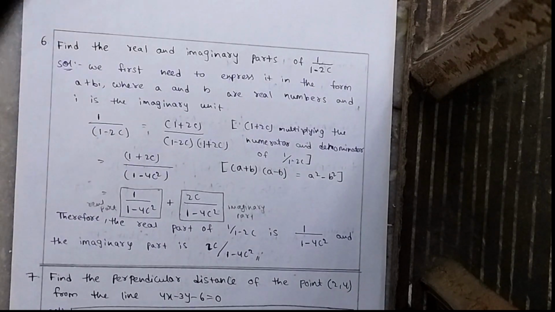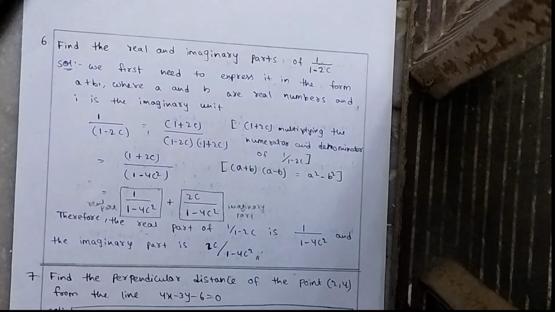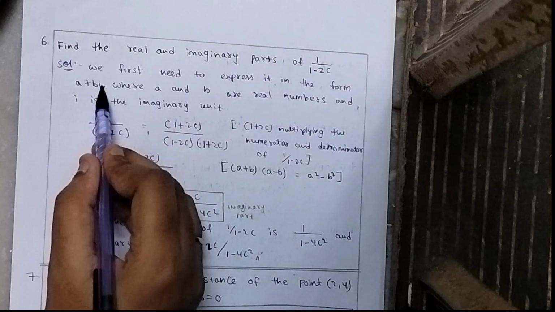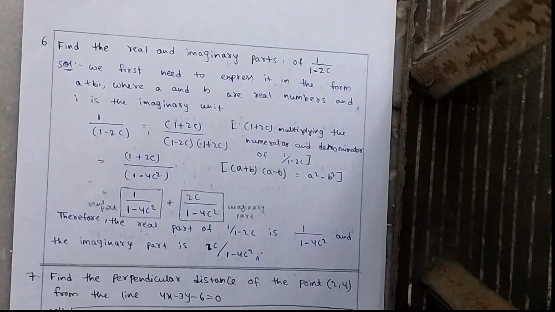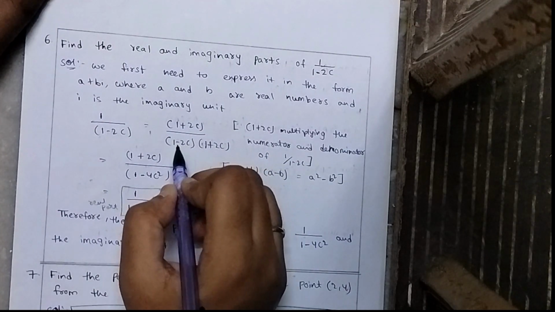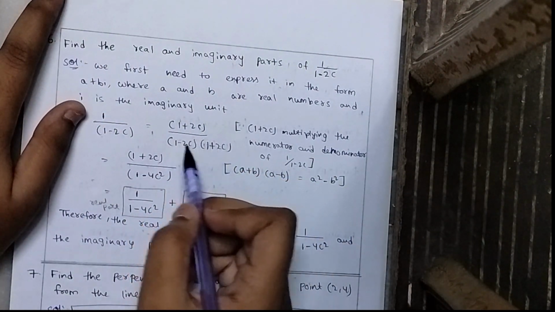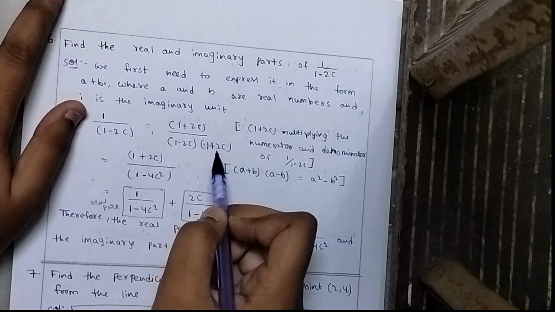Next one. Find the real and imaginary parts of 1 by (1 minus 2i). That means they are asking to express it in the form a plus bi, where a and b are real numbers and i is the imaginary part. So 1 by (1 minus 2i) can be written as (1 plus 2i) by (1 minus 2i) into (1 plus 2i). The (a plus b) into (a minus b) formula is a square minus b square.